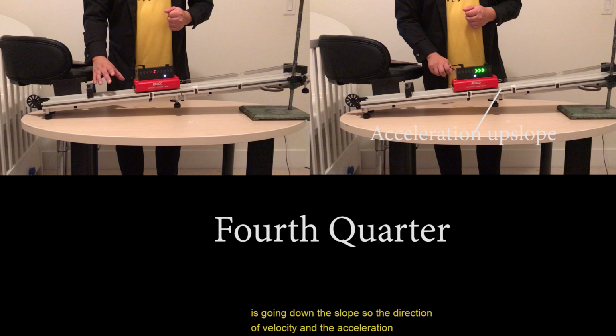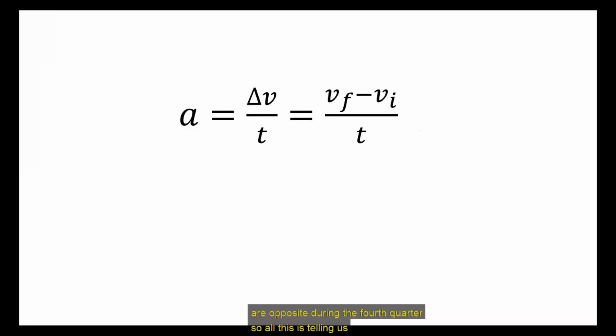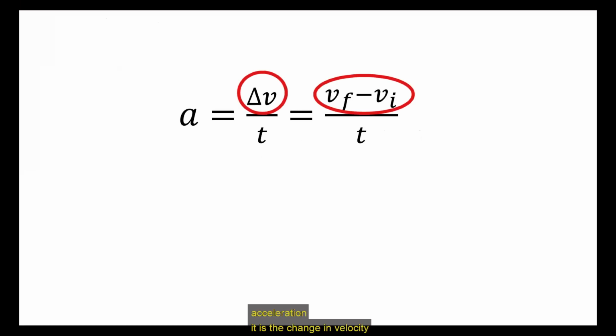But the cart is going down the slope, so the directions of velocity and acceleration are opposite during the fourth quarter. All this is telling us that the direction of velocity has nothing to do with the direction of acceleration. It is the change in velocity whose direction is going to be the same as the acceleration.